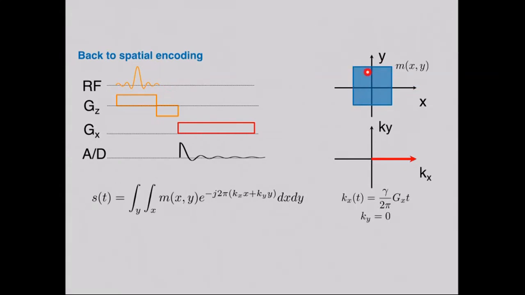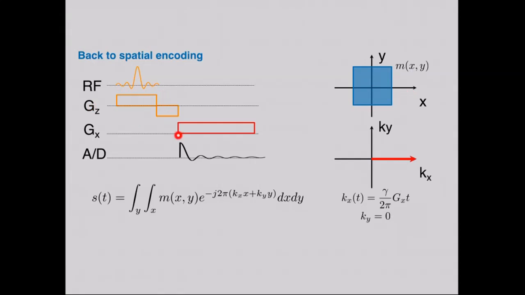So this is kind of like our image. If I apply an RF pulse, I excite a slice. Because this is in Z, and this is only XY, now I don't have the Z direction anymore. Now I only care about X and Y.